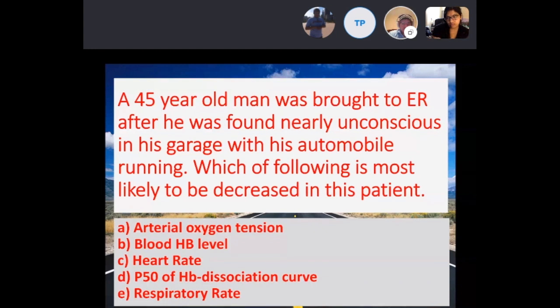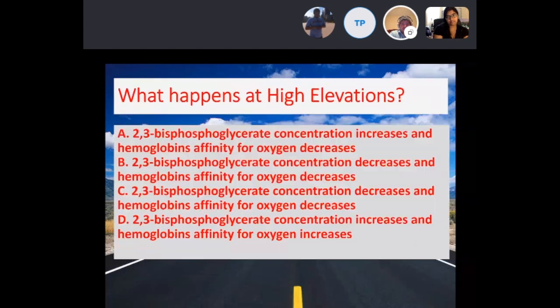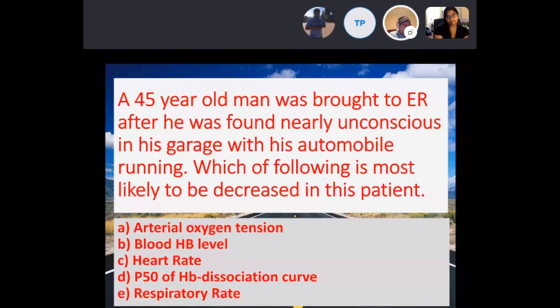D. Right. Because again, if we're shifting the curve to the left, then our P50 is going to decrease. Everybody get that one? Is it cool?